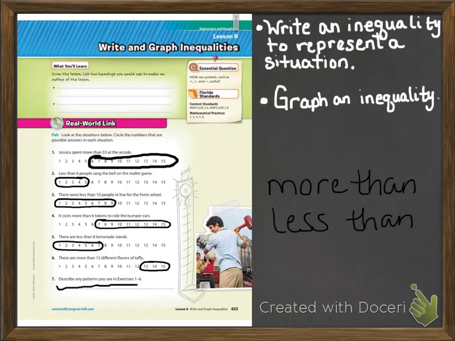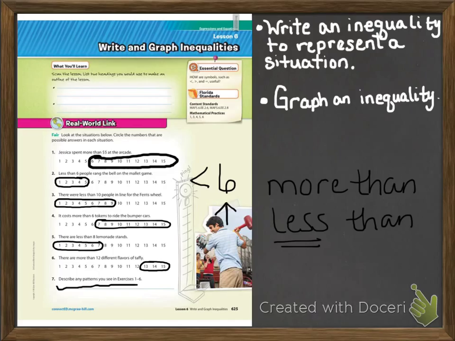For example, with number 2, it says less than 6 people. The way you would write that as an inequality would be less than 6 people. Your circled numbers did not include the number 6 because we were talking about less than the number that's attached there. And the same thing goes with more than.